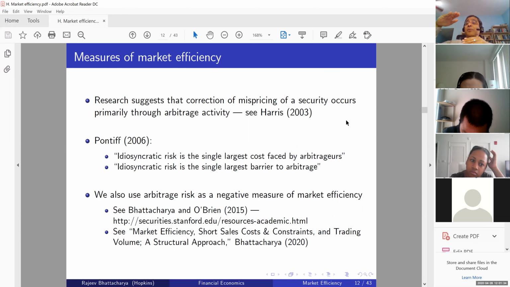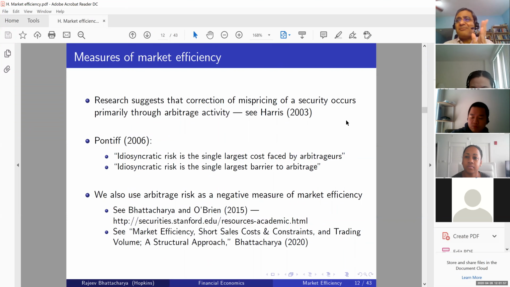So let's say Gail, you are an arbitrageur, and you think, based on your best information, that the price of Microsoft is higher than it should be. If you think it's overvalued, then you will sell the security. You'll go short. And as we have discussed before, you can even sell if you don't own any stock. That's a naked short, and that's possible as well.